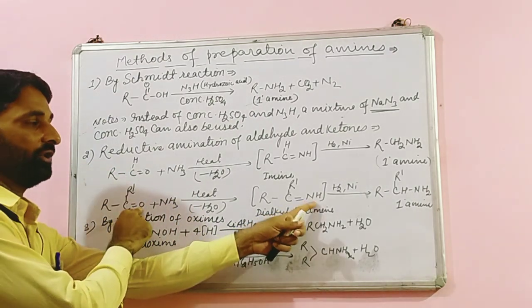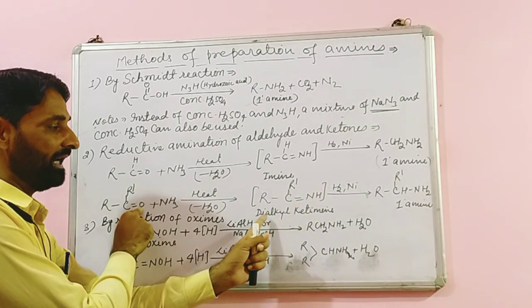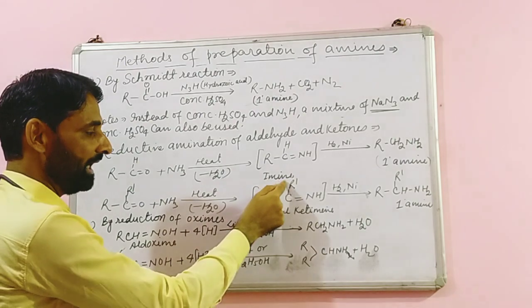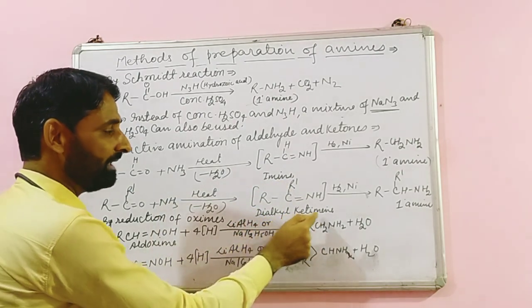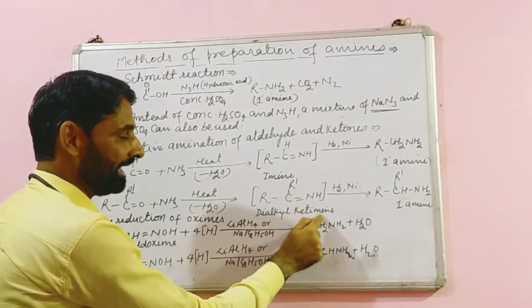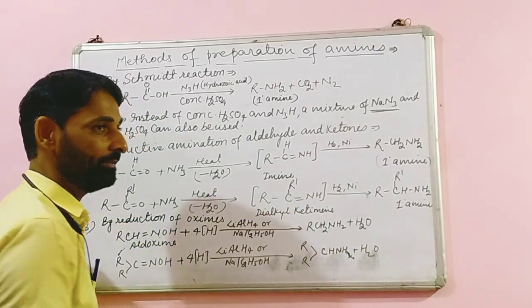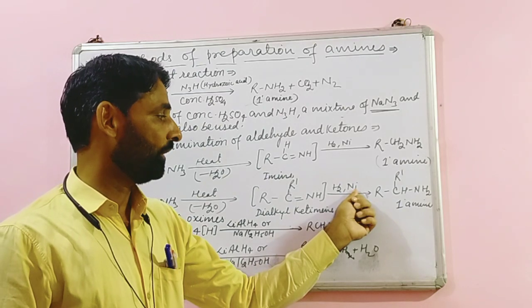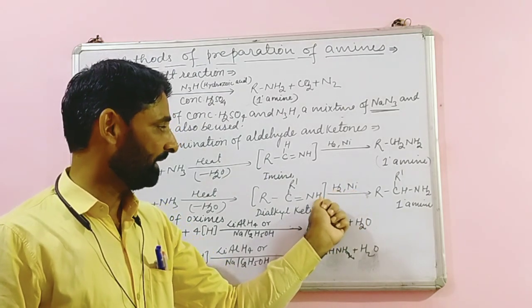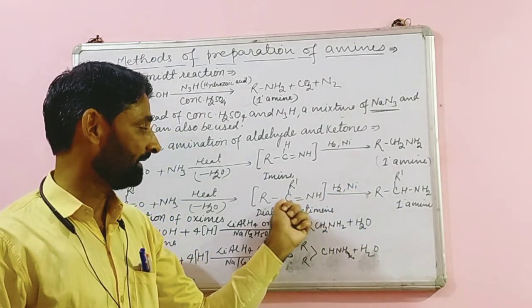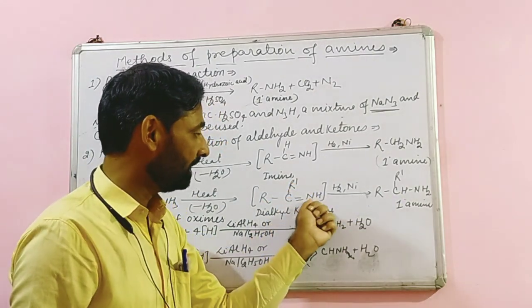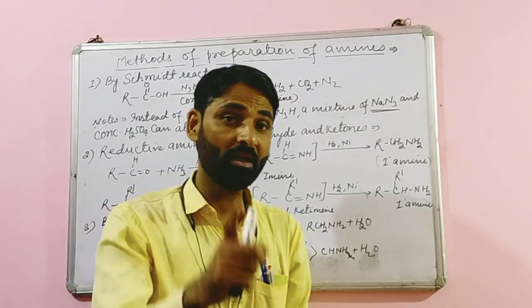This is the ketimine, the dialkyl ketimine, since it is from the ketone. If this reacts with hydrogen in the presence of nickel, then one hydrogen goes at this place and one hydrogen at this place. So R' CH, a single bond, and NH2. This is also the 1 degree amine. Okay.